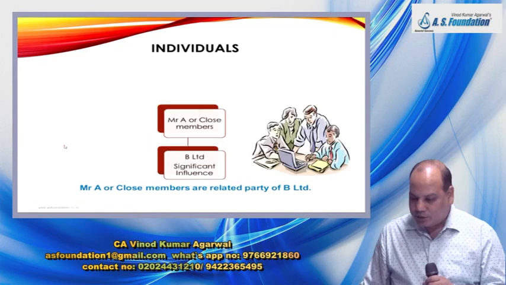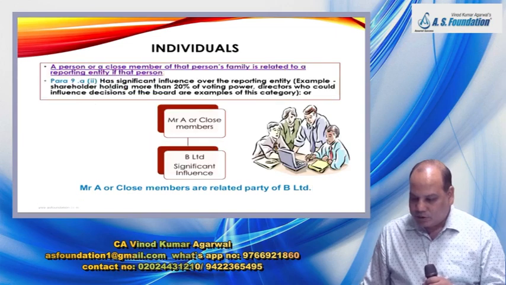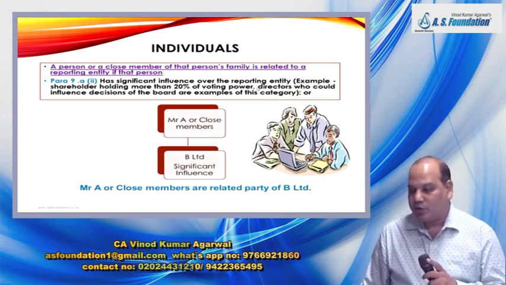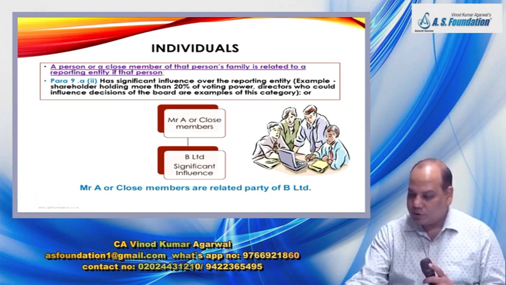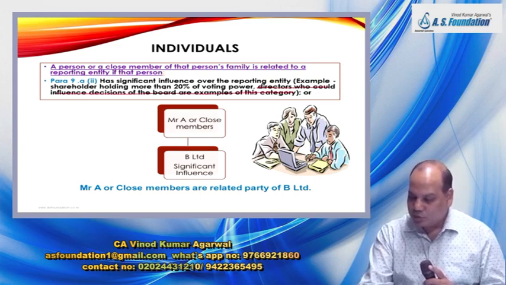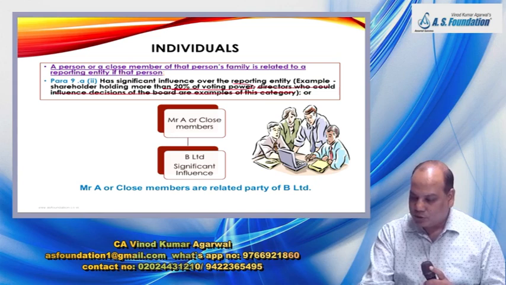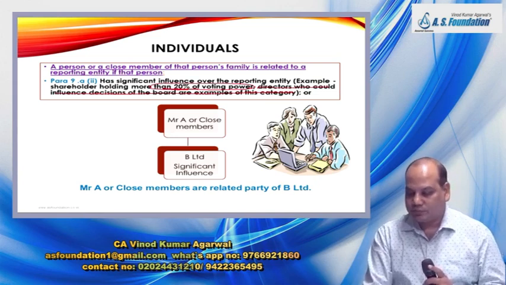Same paragraph again, but now it says a person or close family member is related to the reporting entity if that person has significant influence over the reporting entity. Now significant influence means basically, generally but not necessarily, those who have 20% or more voting power.